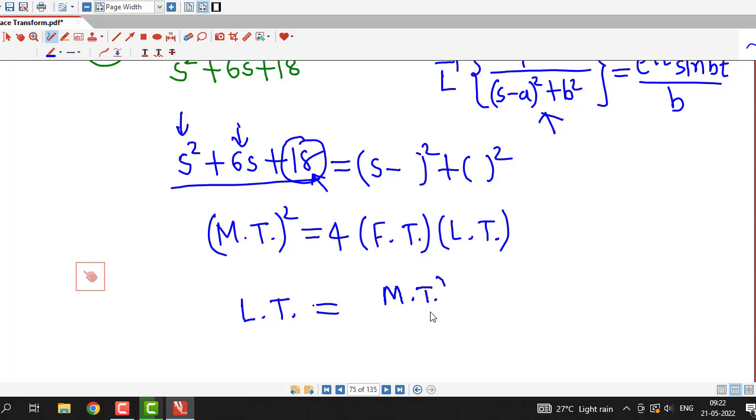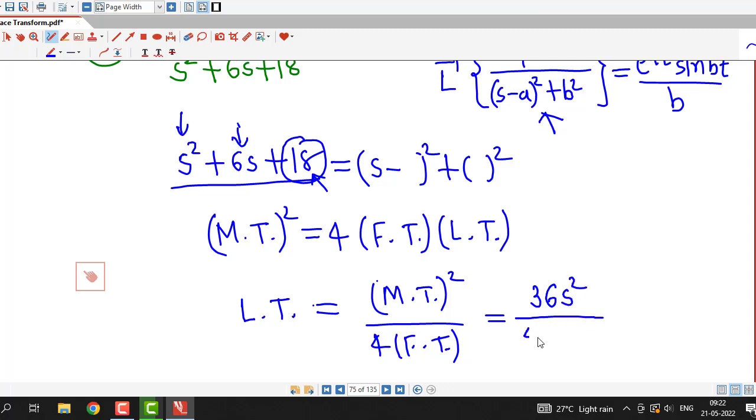Last term must be middle term square divided by 4 times first term. Here middle term is 6s and square of 6s will be 36s square. 4 times first term is 4s square, and s square will cancel out and we obtain 4 into 9.